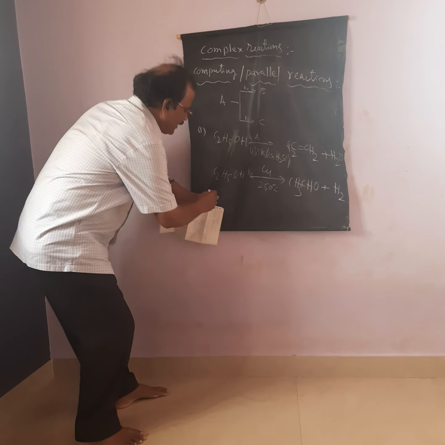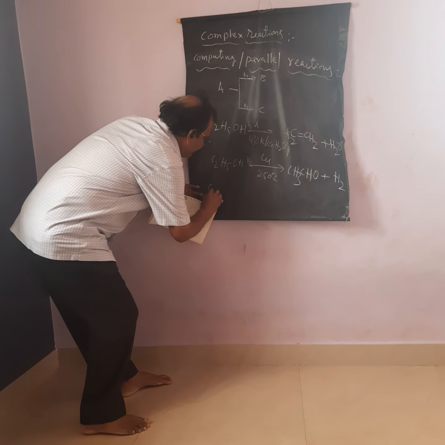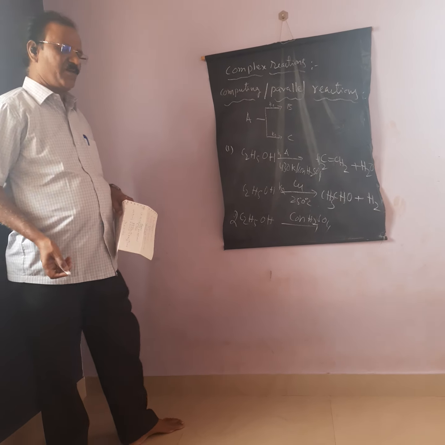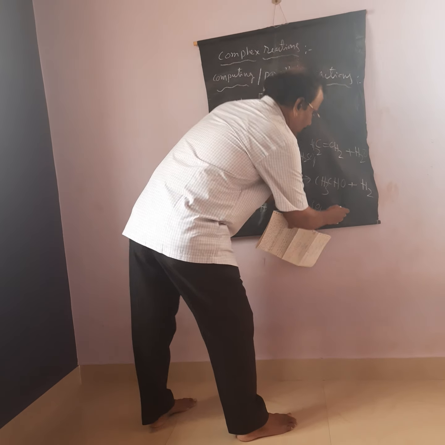And with the same ethyl alcohol, we can use excess of ethyl alcohol when it is treated with concentrated sulfuric acid. Dehydration occurs. Dehydration means removal of a water molecule to give ether.